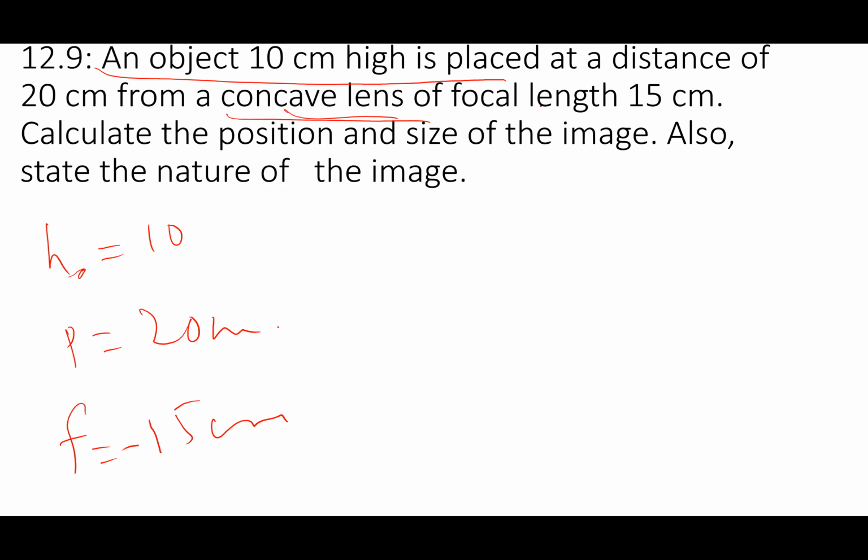Calculate the position and size of the image. Position, you will get a negative answer because the image will be virtual. Concave lens, diverging lens, image distance will be negative because image is virtual. Height of image is question mark. Also state the nature. Nature is virtual.